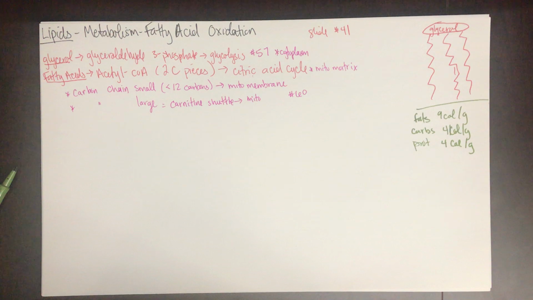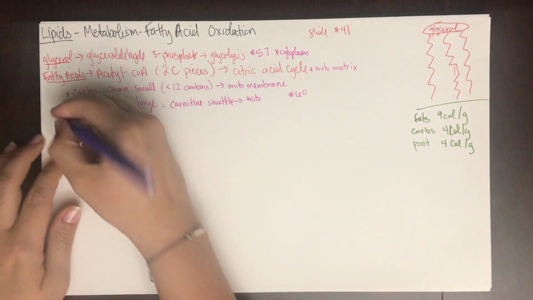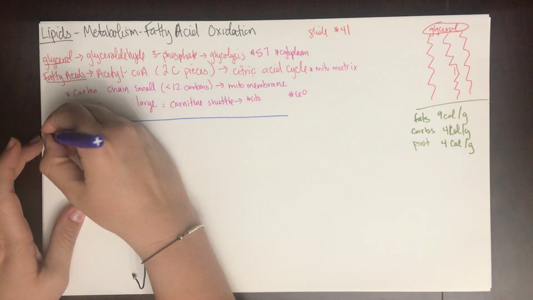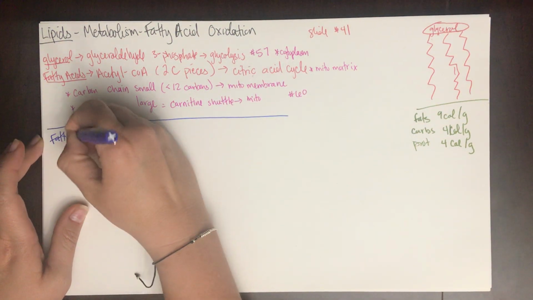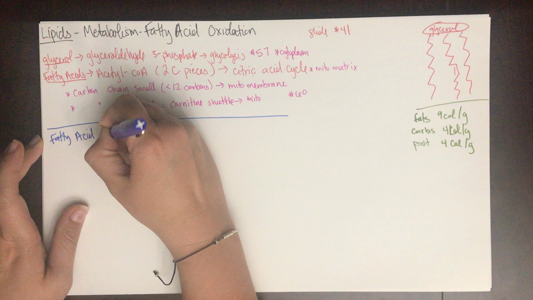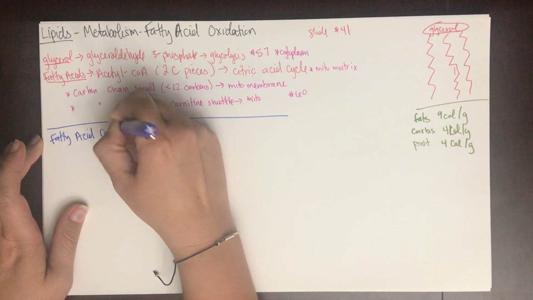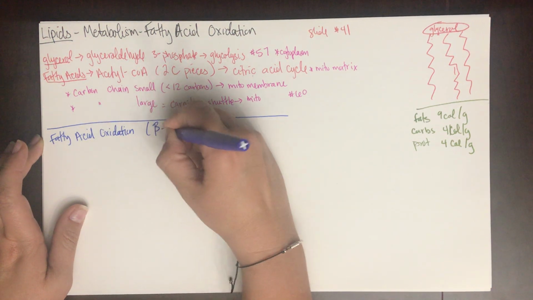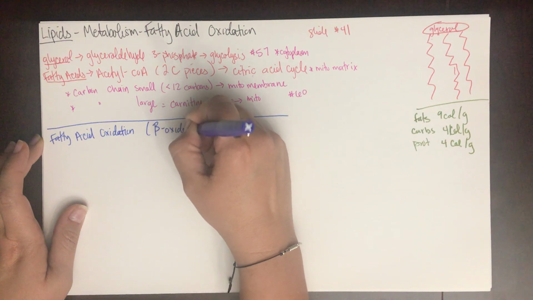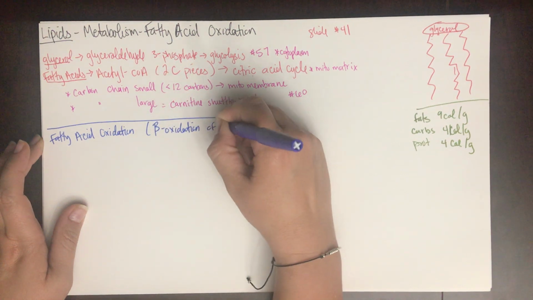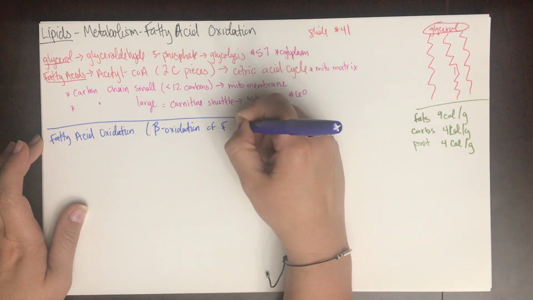Okay. So there's 3 major stages of fatty acid oxidation. And sometimes you'll see this called beta oxidation of fatty acids. Same thing.